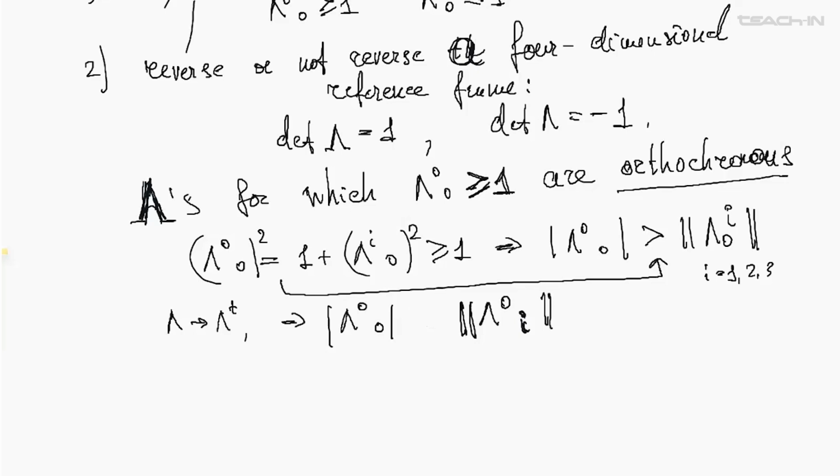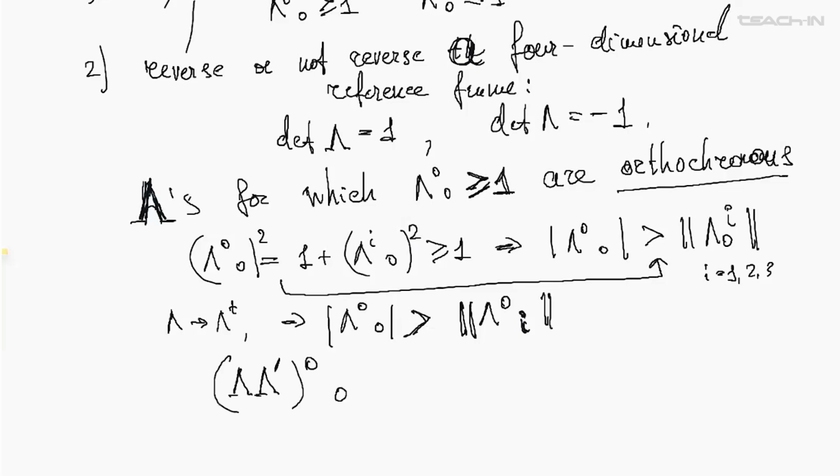And therefore, from here, if you consider the product, lambda 0, so you take the product of two Lorentz transformations, and then you take the 0, 0 component. So I take lambda, and I take another Lorentz transformation. Let's denote it by lambda prime. And now you take out of this the 0, 0 component. Then according to the product of matrices, what would you write here?